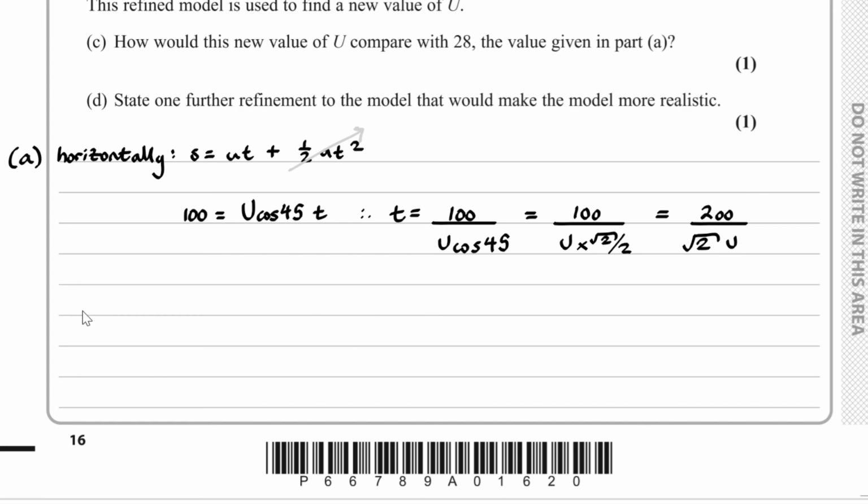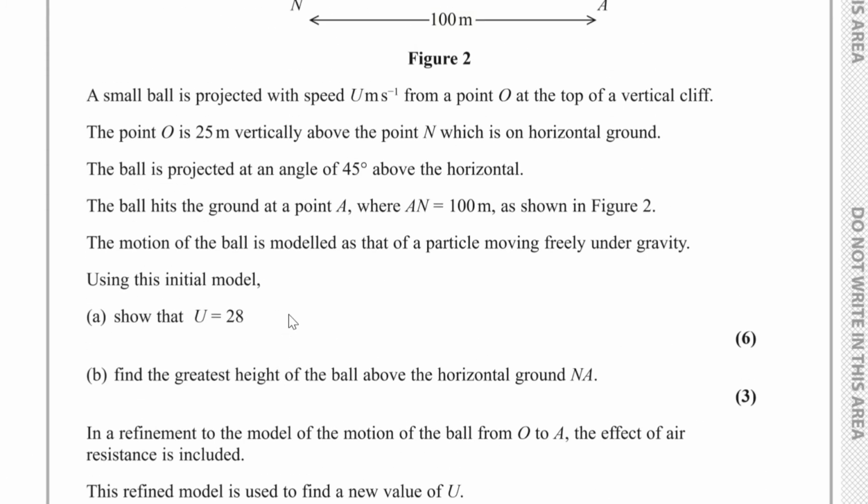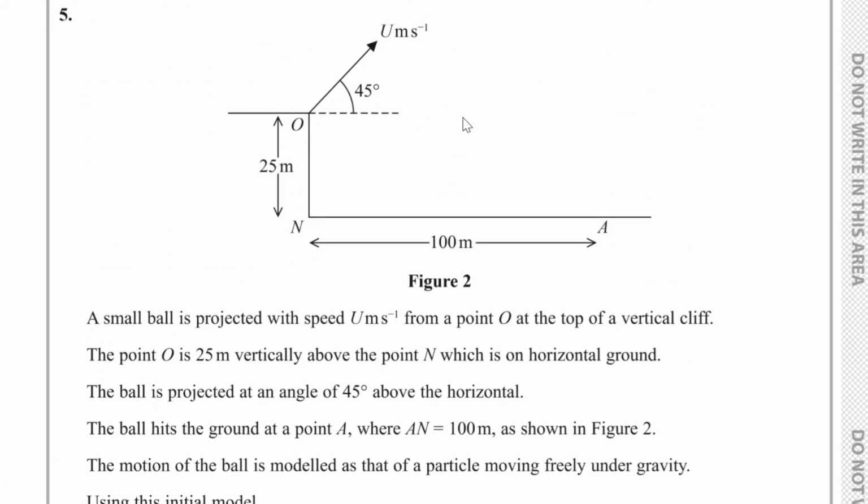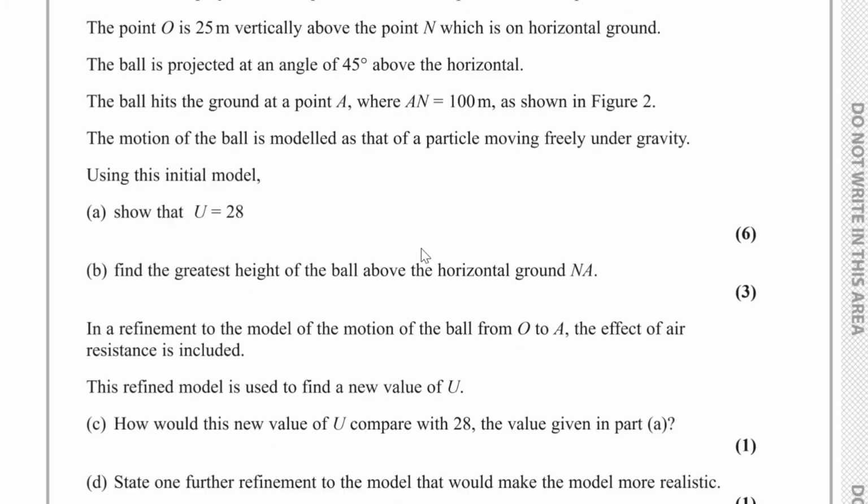And if we consider the vertical motion, if we resolve vertically, again using S equals ut plus a half at squared, we have S, which is minus 25. The reason it's minus 25 is because if we take O as the origin, we're going below O 25 meters.